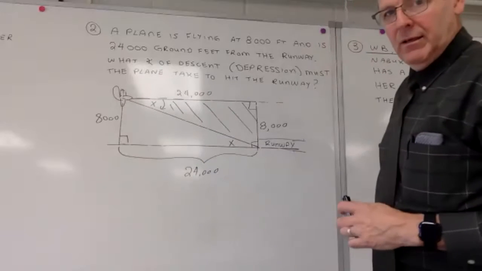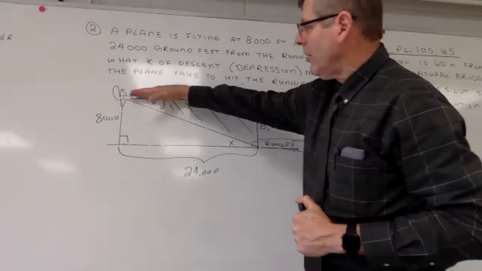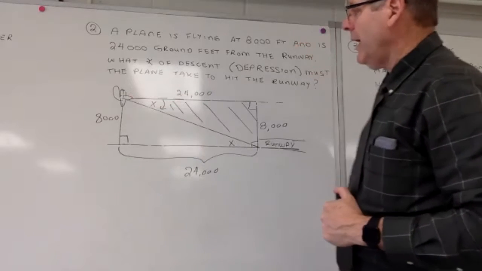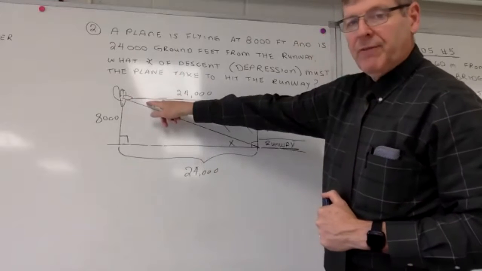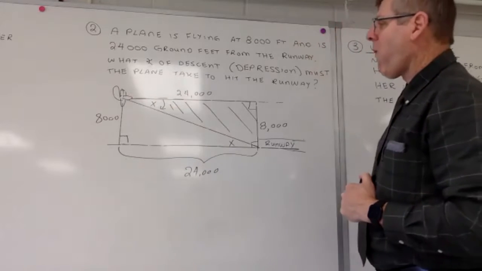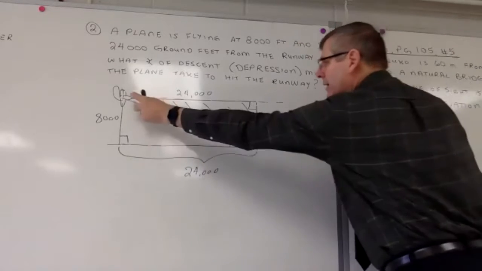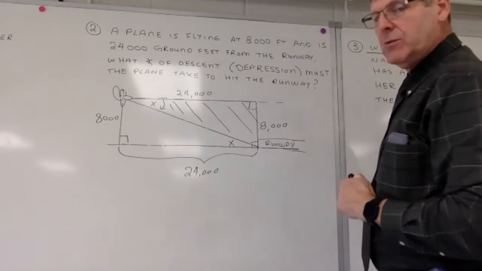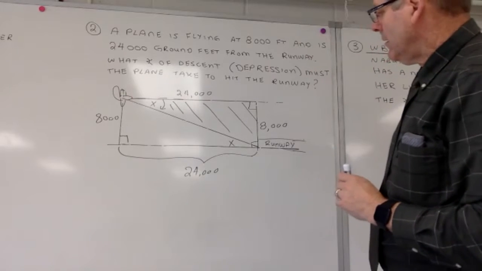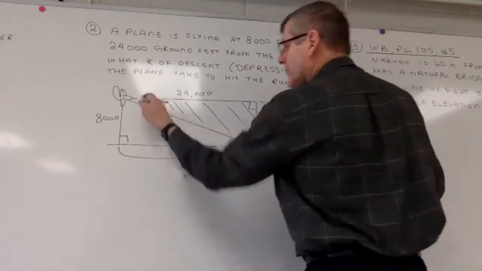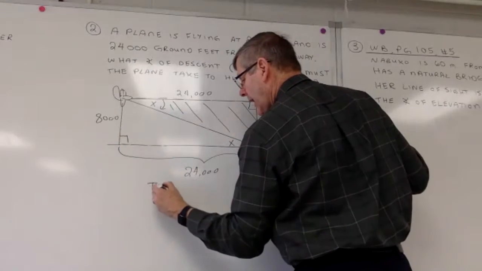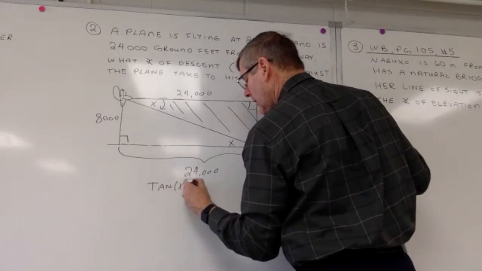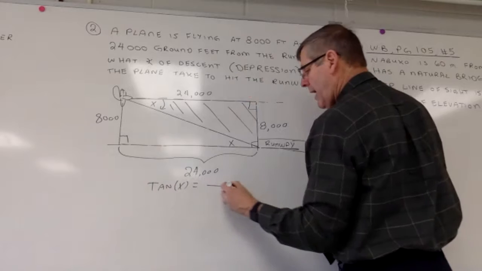We're the pilot. So if we're the pilot and we want to know how much I have to decrease the plane, I'm here. I'm trying to find this angle, X. So I'm standing right here. So what trig function would that be? Tangent. So if this angle is X, I know the tangent of X equals what goes up top.